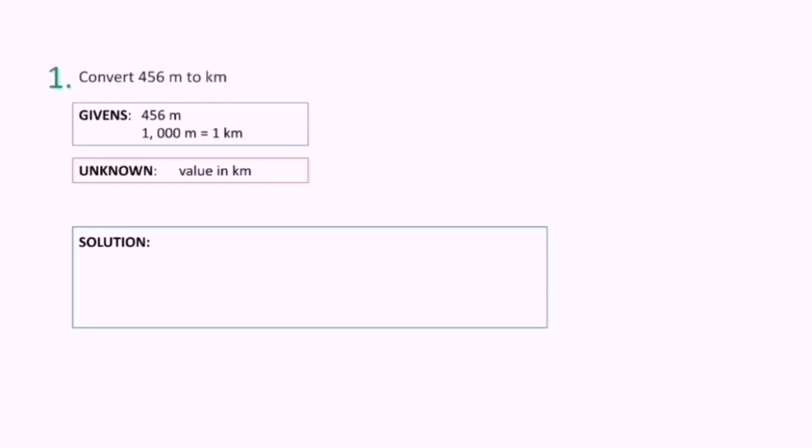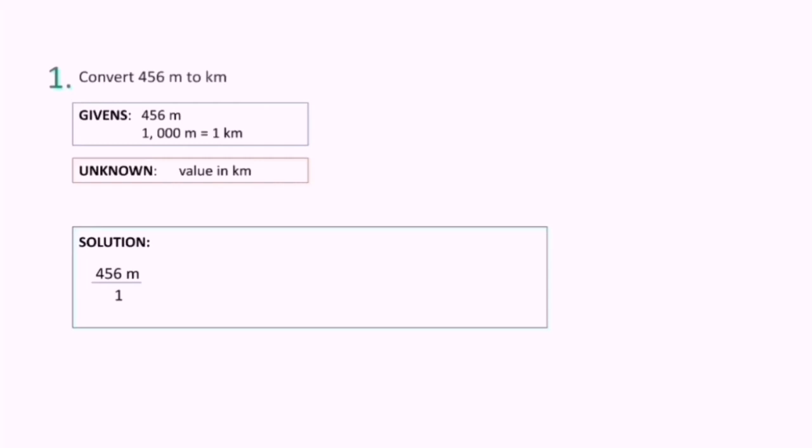So for the solution, for beginners, you have to follow these specific steps. First is, 456 meters, we accept it as a whole number. And all whole numbers must have a denominator of 1. Because unless you're going to have that kind of understanding of what whole numbers are, you can never actually justify why you are doing this process in the first place.